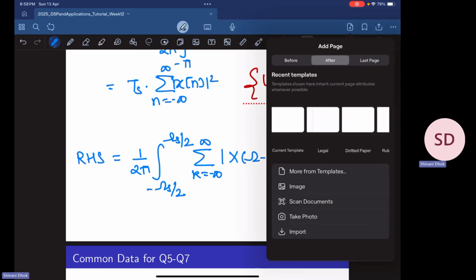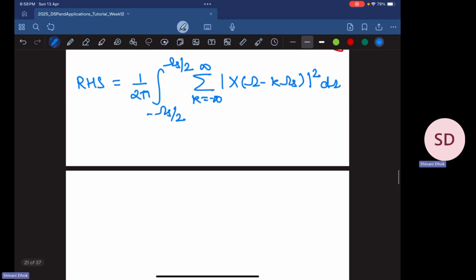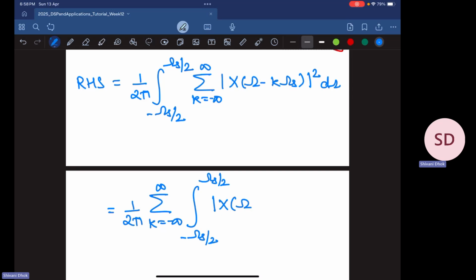Now if I interchange the order of summation and integration, what I get is 1 over 2 pi summation k running from minus infinity to infinity integral minus omega s by 2 to omega s by 2 magnitude of x of omega minus k times omega s whole square d omega.